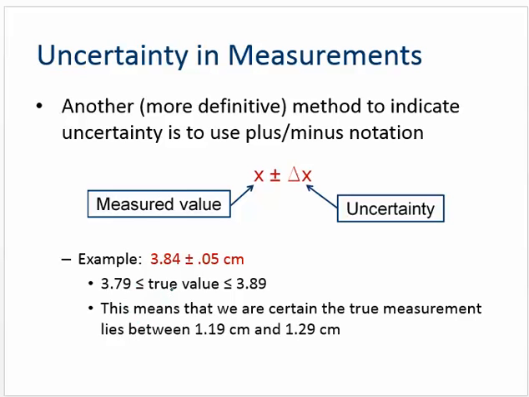What this tells us is that our true value is somewhere between 3.79 and 3.89, because they added 0.05 to get this one, and then subtracted 0.05 to get this value over here. This means that we are certain the true measurement lies between 3.79 and 3.89 centimeters. It's somewhere between those two.